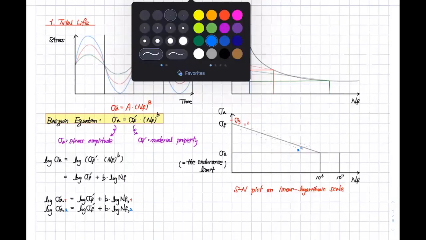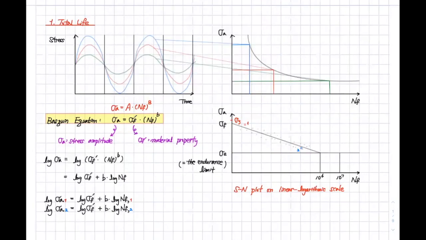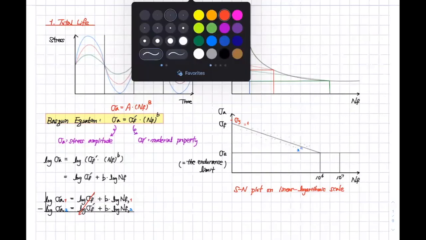Okay, then you have 2 equations, and you still don't know 2 variables, which are sigma F prime and the exponent b. So 2 unknown variables, 2 equations, then you can solve it. I will just subtract equation number 1 and 2. What happens is, because sigma F prime is the material's own property, it will be the same, so it will cancel out.